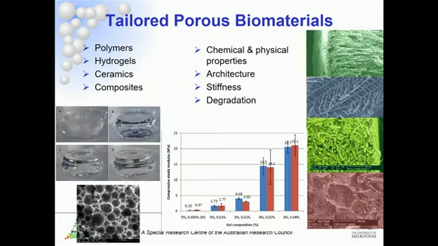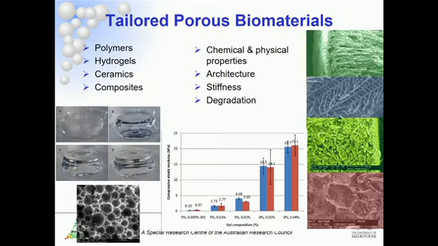So we can tune the mechanics of materials, we can tune their porosity, and these other properties as well. So the architecture of the pores, the stiffness, the degradation properties, other chemical and physical properties. We can choose different chemicals, different materials, and we can work with polymers.